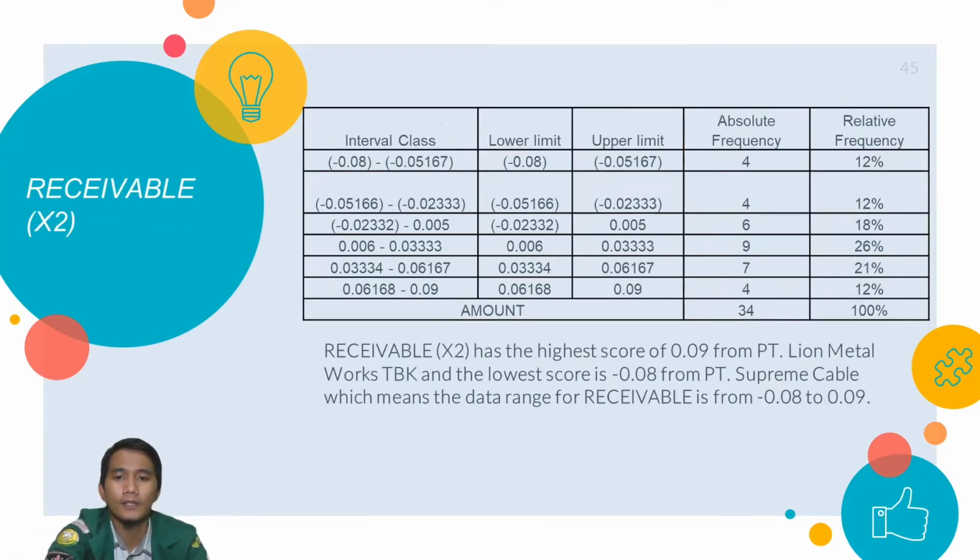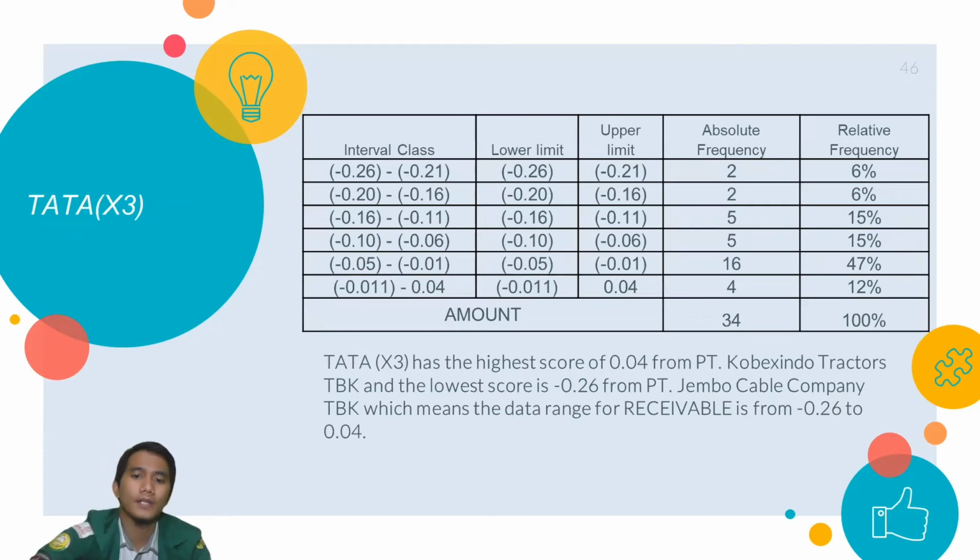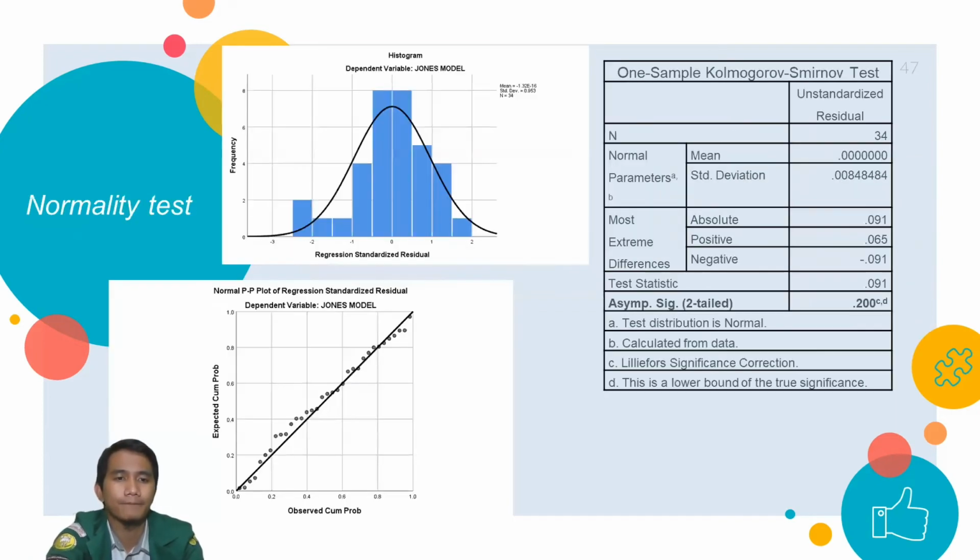Receivable X2 has the highest score of 0.09 from PT Line Metalworks TBK and the lowest of minus 0.08 from PT Supreme Cable. Total accrual has the highest score of 0.04 from PT Convection Detectors TBK and the lowest of minus 0.26 from PT Jimbo Cable Company.